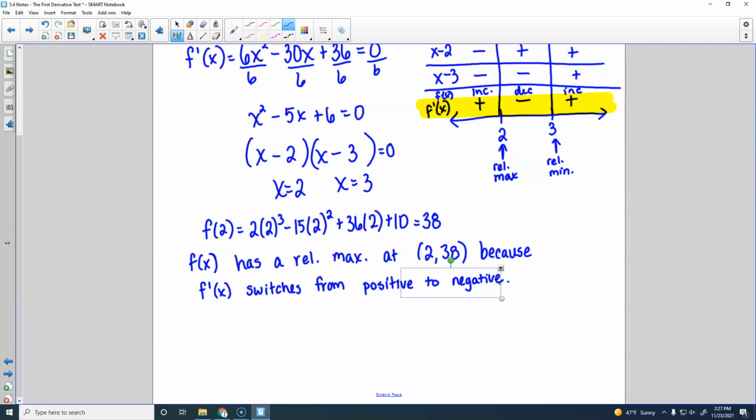We have to do something similar for our minimum, which should happen at 3. So times 3 to the third minus 15 times 3 squared plus 36 times 3 plus 10. And I got 37.